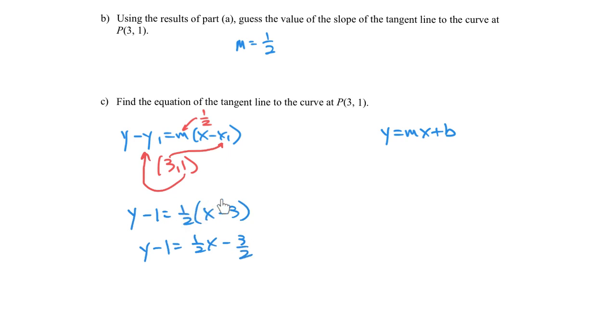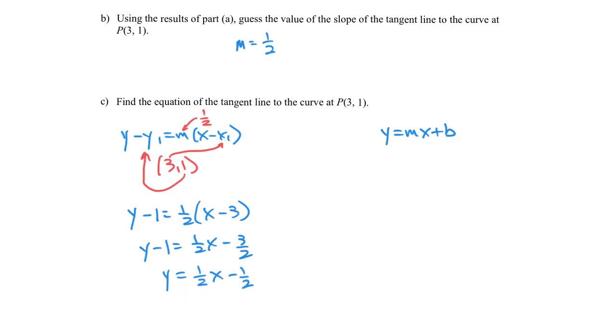Because I distribute the 1/2 through here. And then here I need to get y by itself, so I need to add 1 to each side. Well, adding 1 is like adding 2 over 2, since I've got halves over here. So adding 1 to this side is like adding 2 halves here. So when you do that, you get y equals 1/2 x minus 1/2, right? Because minus 3/2 plus 2/2 gives us this. So this is our final answer.